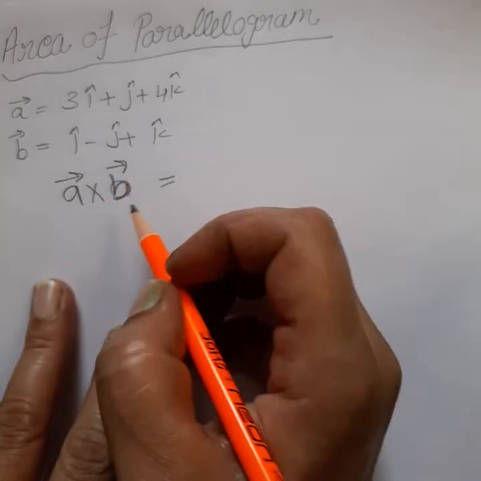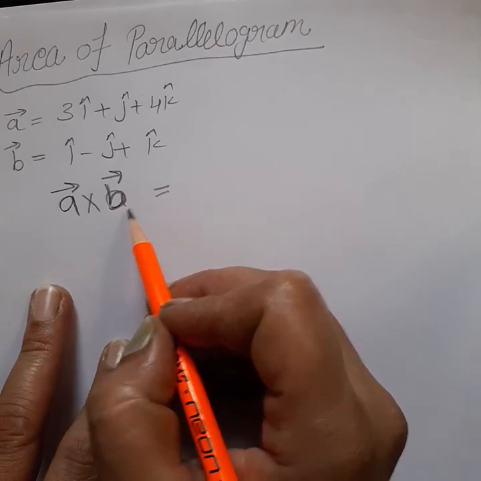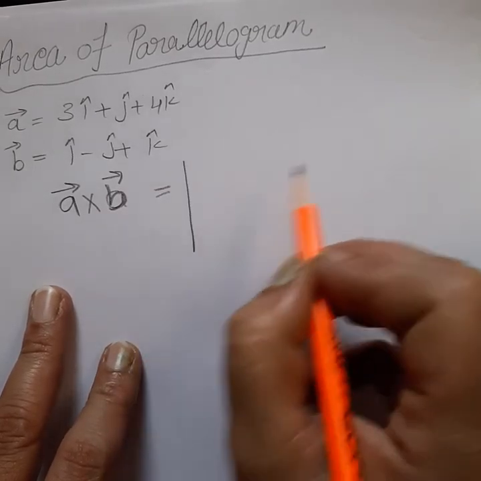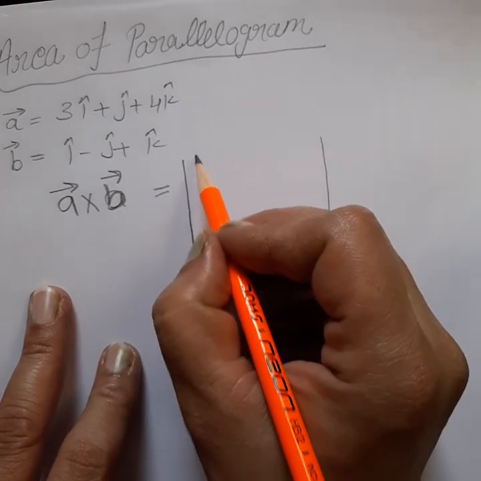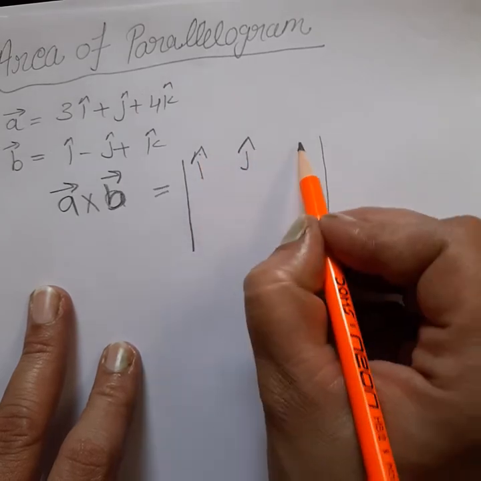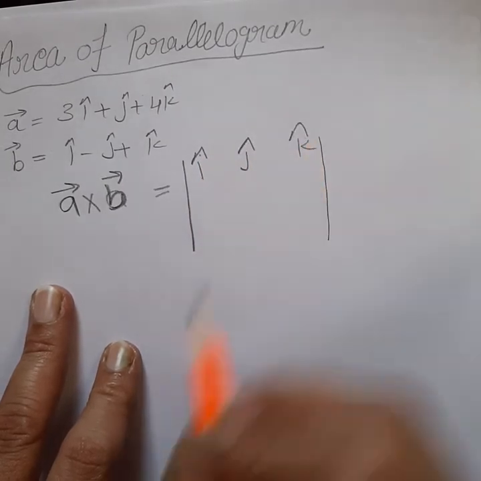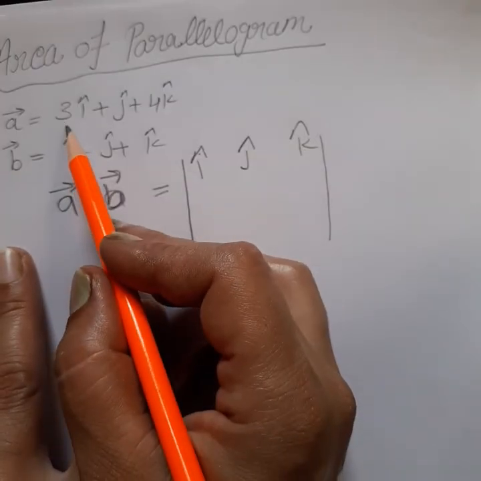You can write here in this way: a vector cross b vector, and for this first of all we write the sign of determinants and we write here i, j and k. After this we write the components of a.